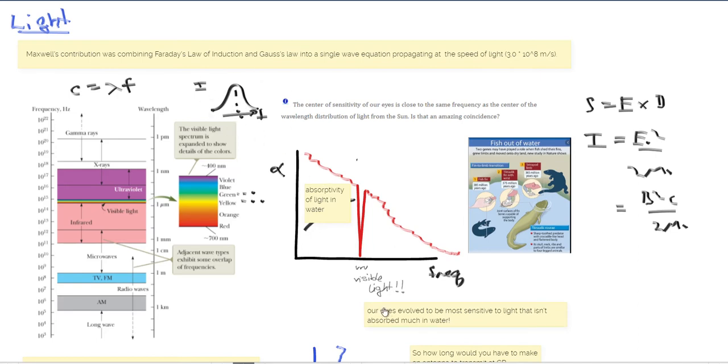They evolved to see best underwater, where this is the frequency that's least absorbed by water. And I know you probably know lots about this subject already, but I just took a little picture suggesting some genetic research that shows that we may have evolved from aquatic creatures. I think that's the consensus of the scientific community at this point. And this is just one of the clues that might be the case.